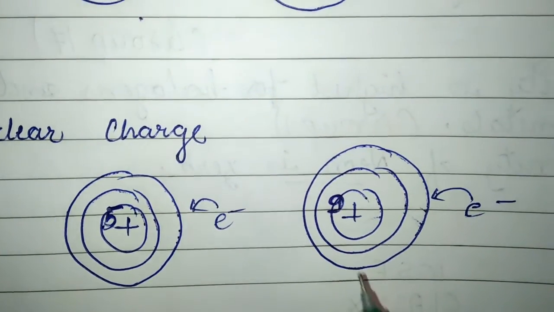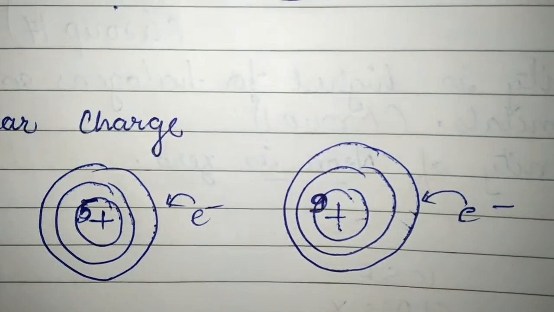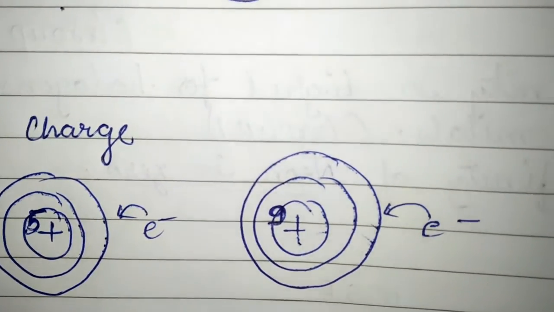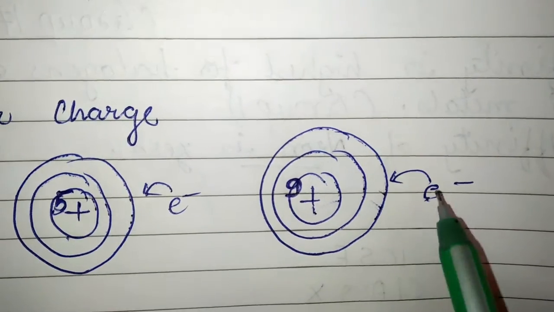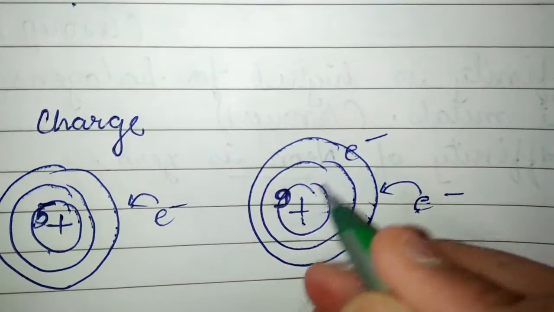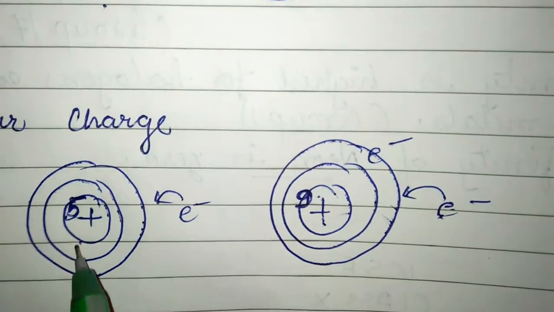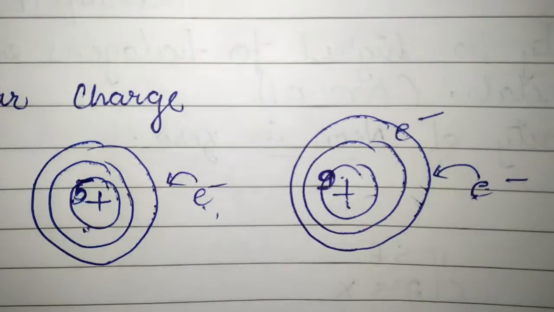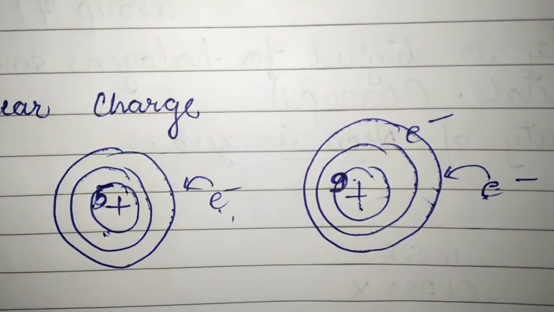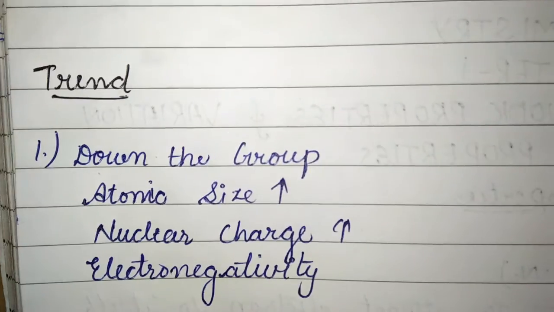Since here charge is more, it can attract and hold the electron more firmly than the other atom. So in this atom, an electron can be easily entered because attraction is more. Positive attracts negative, but here it is difficult for the electron to enter into the shell because the nuclear charge is less. So what we got from here is that nuclear charge is directly proportional to electronegativity.